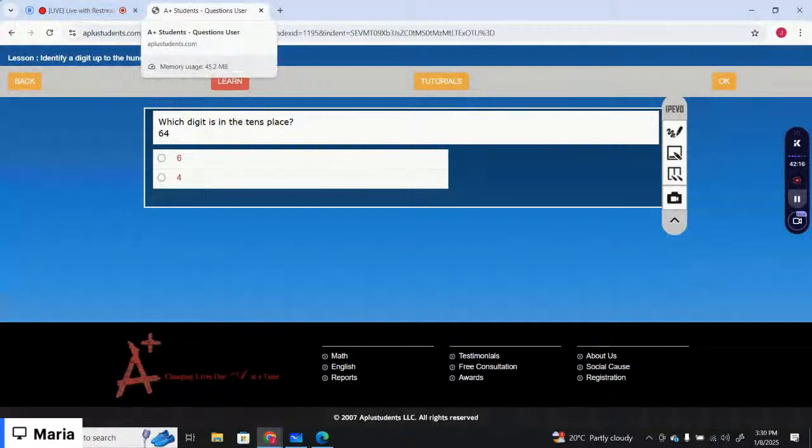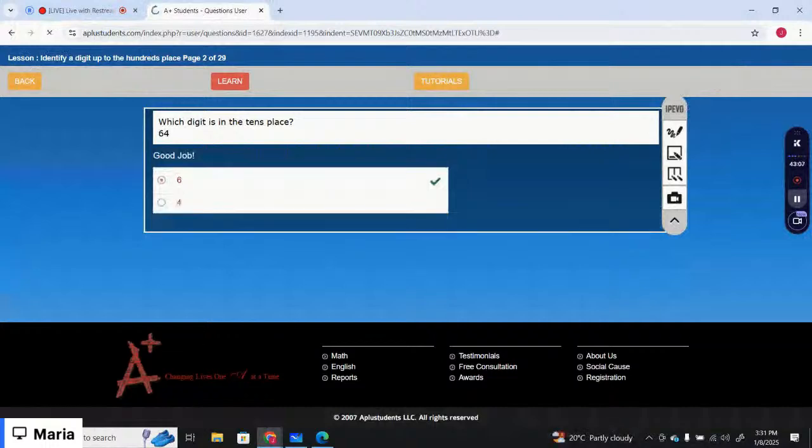Which digit is at the tens place? Which is the correct option? Six is at the tens place. The correct option is 6.